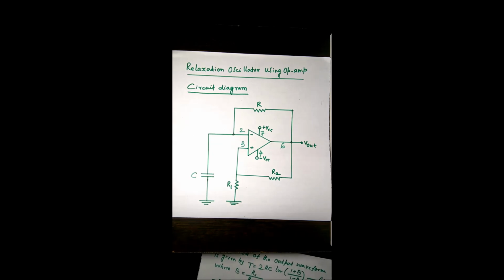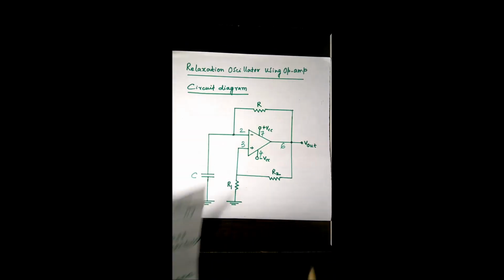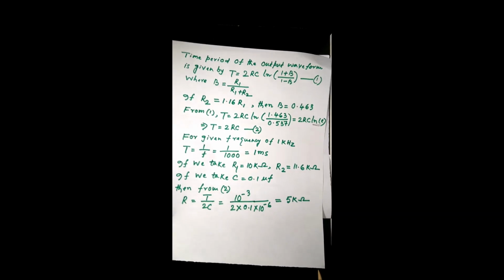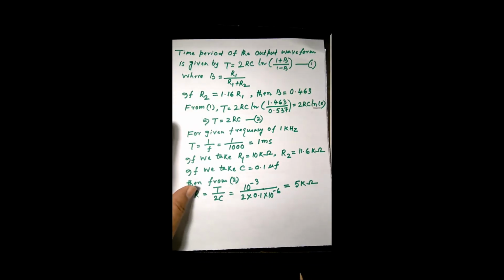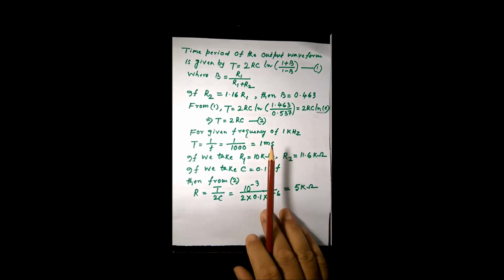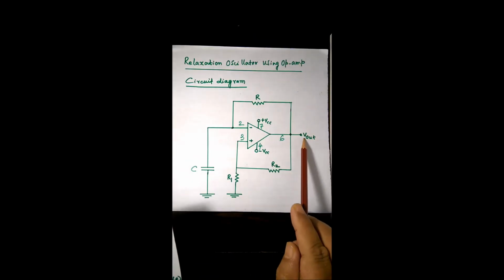Now to calculate the values of R1, R2, R and C, we should know the time period of the generated frequency at the output. That equation should be known to us, and that is the time period of the waveform generated at the output of this relaxation oscillator.